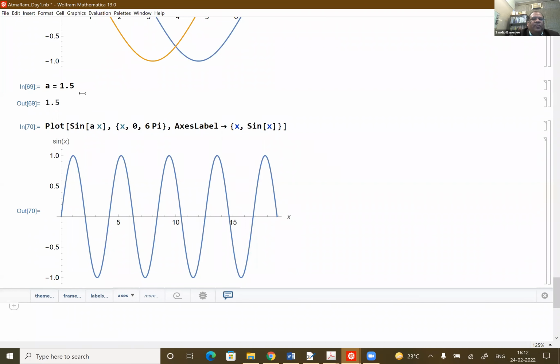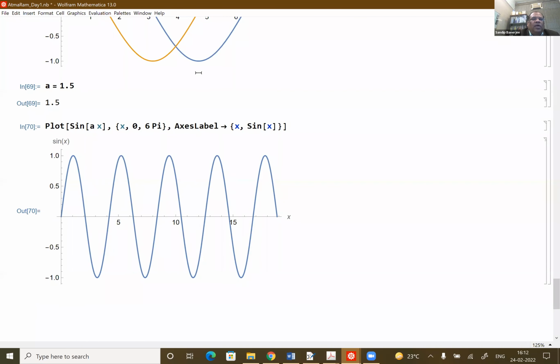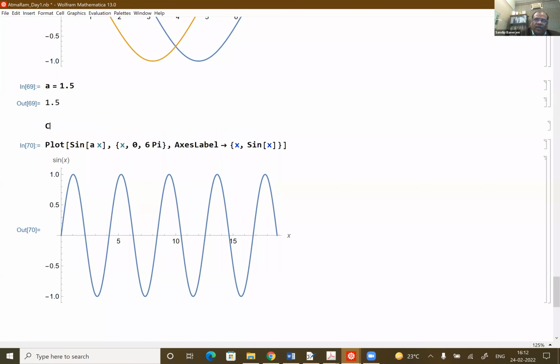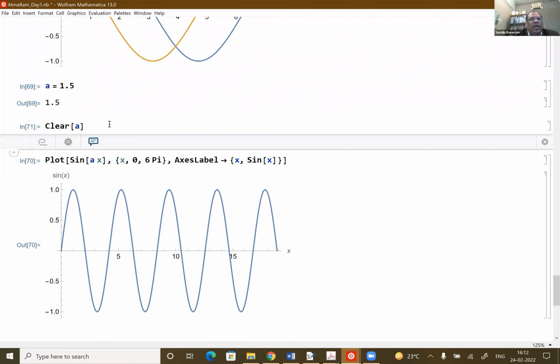For that, I first clear this value. The command for this is Clear, Clear a. Clear a means this value of a attributed 1.5, I now clear it. The moment I clear it, you can see that this has again become blue.